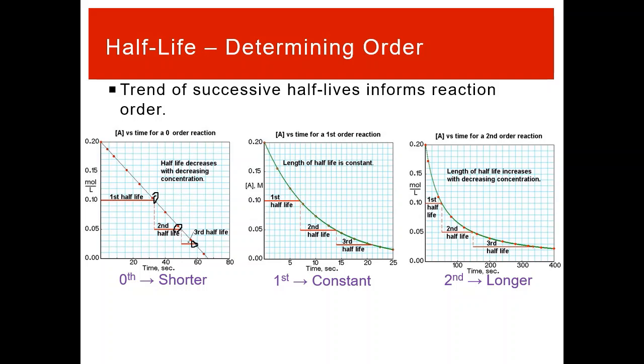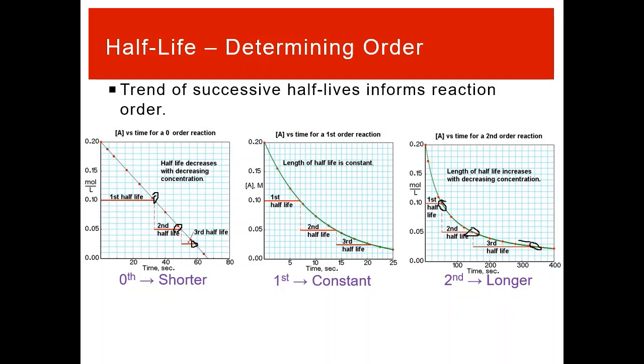It keeps getting shorter and shorter because that initial amount is getting lower and lower. For second order processes, half-lives get longer and longer. The second half-life is longer than the first, and the third half-life is even longer. What that means is you can do an experiment where you measure the concentration of your reactant over time. We looked at fitting our data to the linearized form of the integrated rate laws.